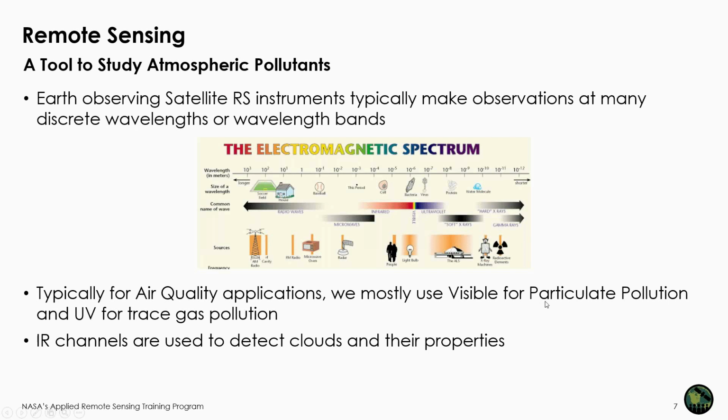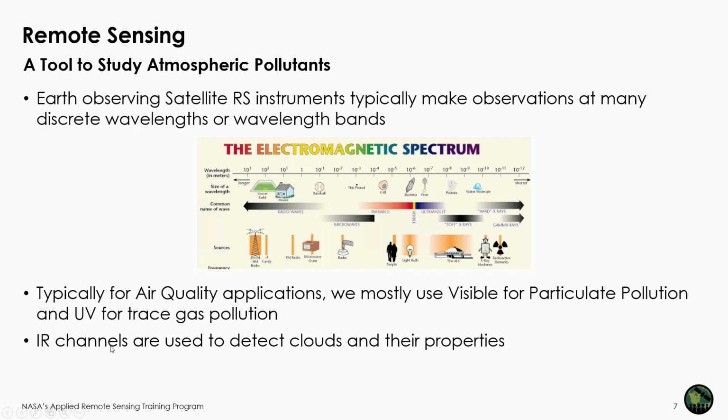And because of the scattering and absorption of light, we are able to characterize these particulate matter. And in the UV region, some of the trace gases like ozone, etc., can be monitored in the ultraviolet region of the electromagnetic spectrum.